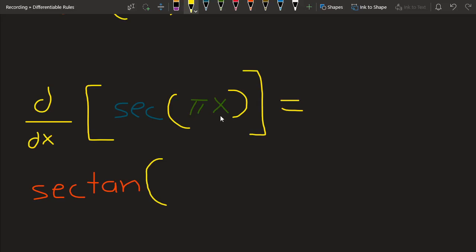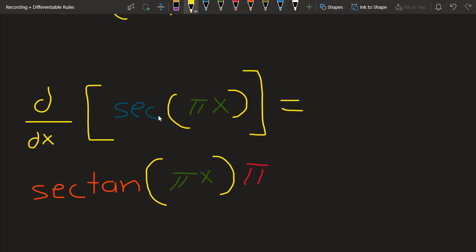So in this case, g of x is pi x. And then we have to find the g prime of x. So since g of x is pi x, the g prime of x would be pi, because pi is the constant here. So times pi.